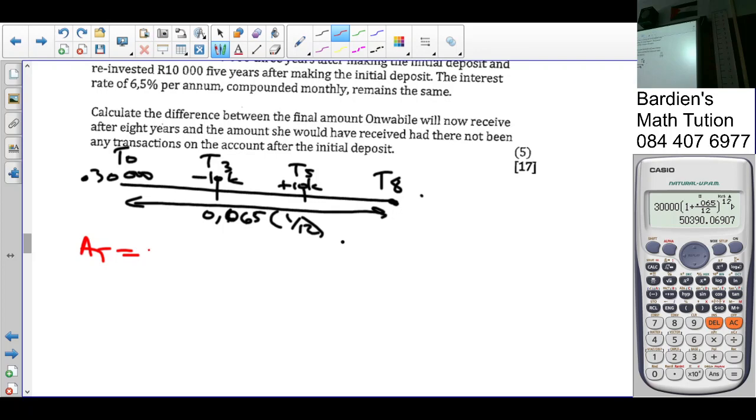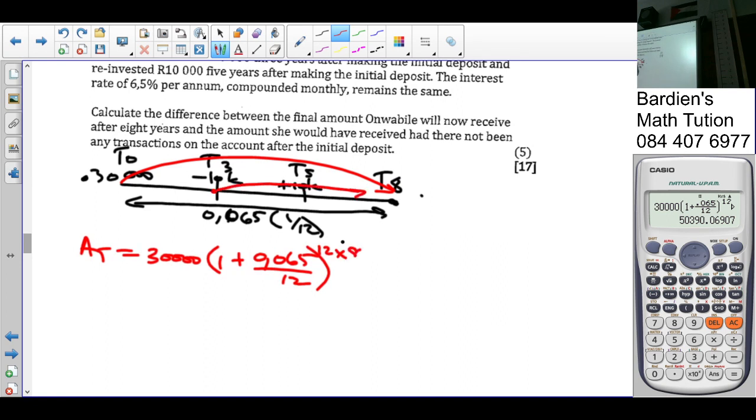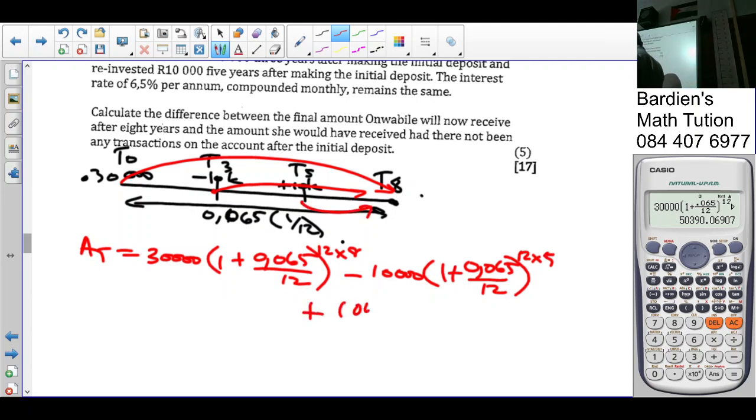So we're going to take everything straight to the end. It's going to be 30,000 into 1 plus 0,065 over 12 to the exponent 12 times 8, minus 10,000 into 1 plus 0,065 over 12 to the 12 times 5, since the withdrawal was for 5 years. Now she added the 10,000, so it's 10,000 into 1 plus 0,065 over 12 to the exponent 12 times 3.